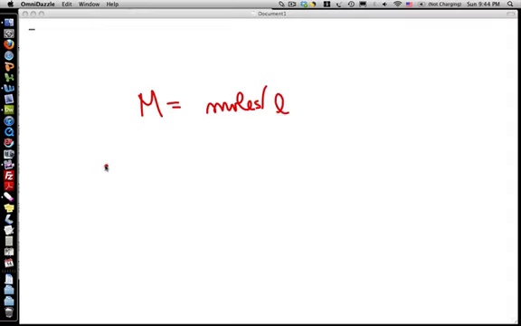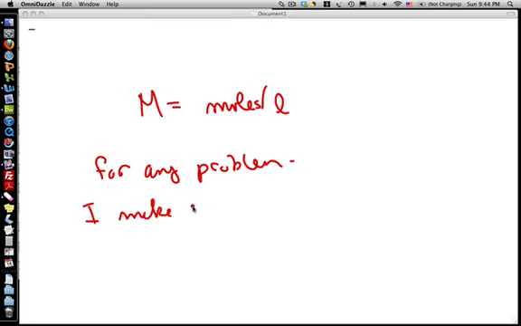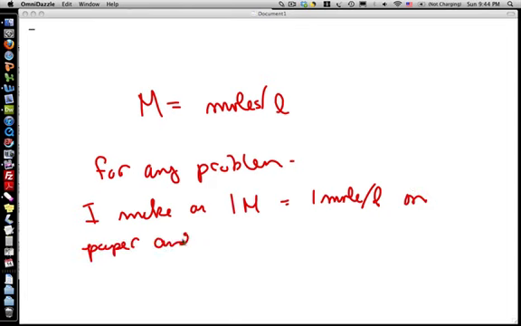for any problem, I make a 1 molar solution, or 1 mole per liter, on paper, and then scale up or down.